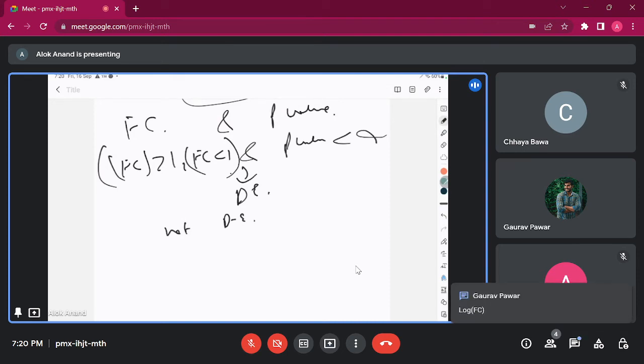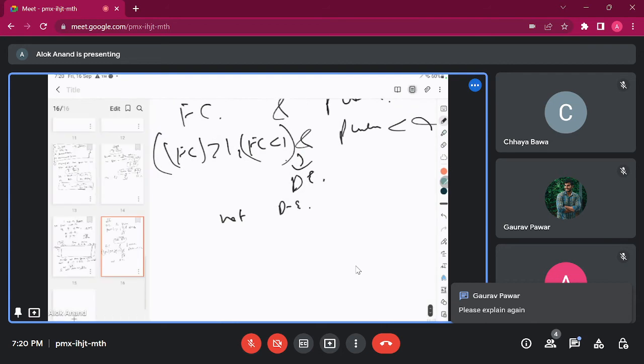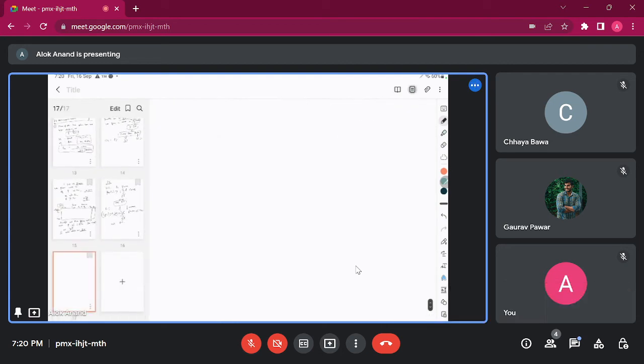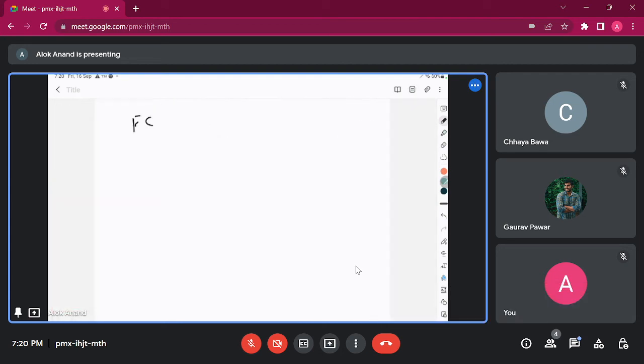The log fold change I have to explain. Okay, fine. Let me take an example for this.